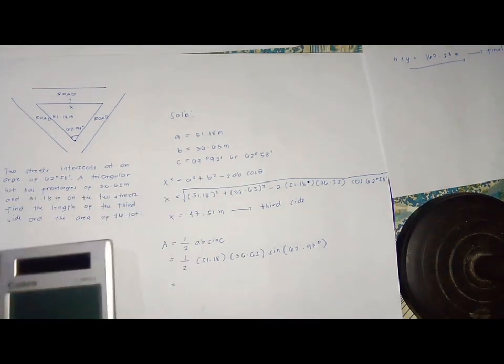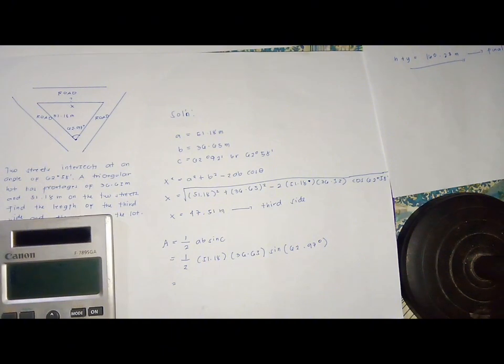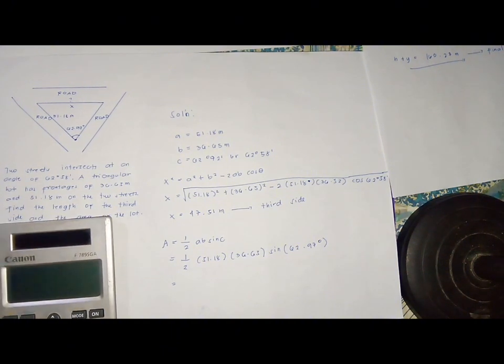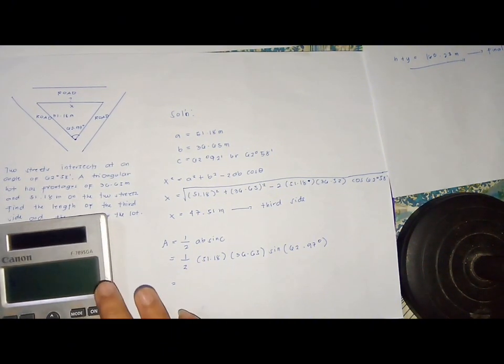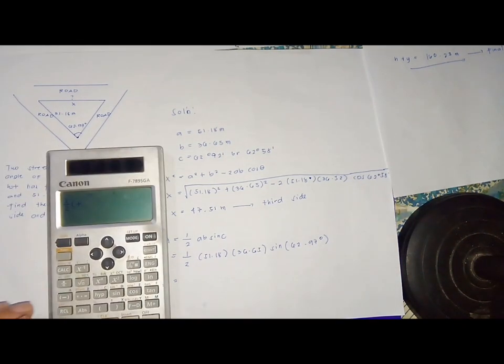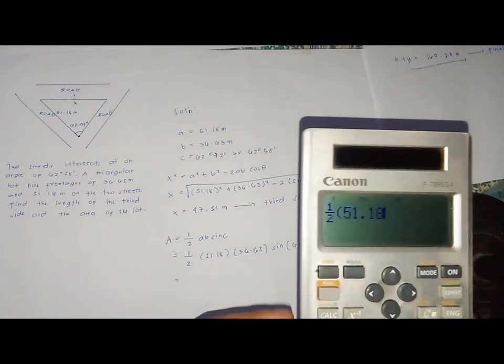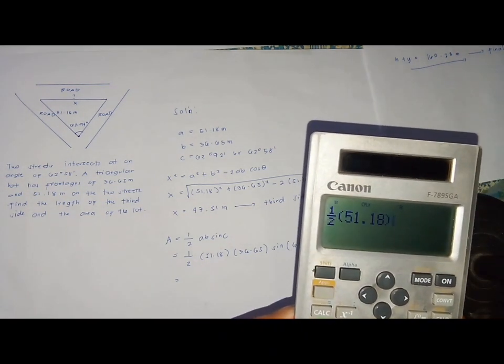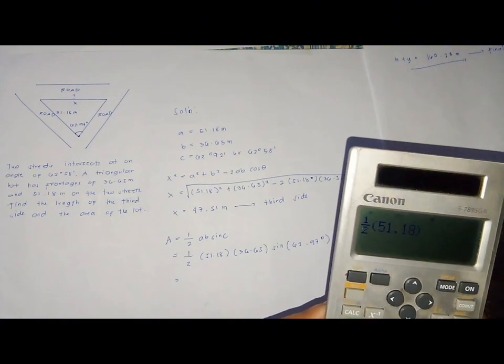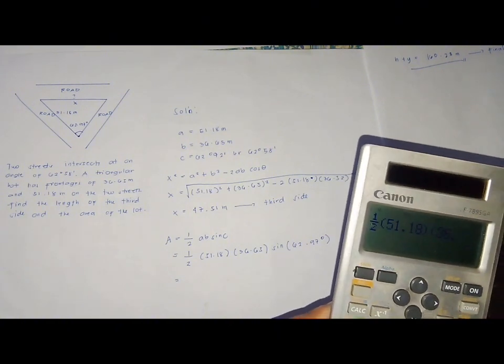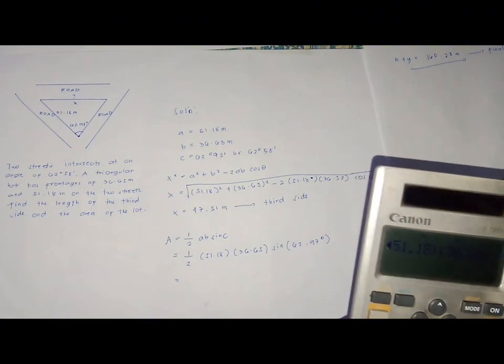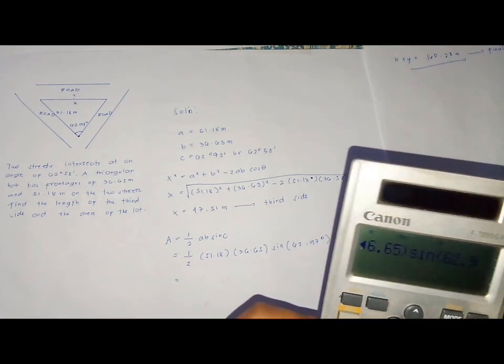So our final answer, 1/2, 51.18, then 36.65, then sine 62.97.